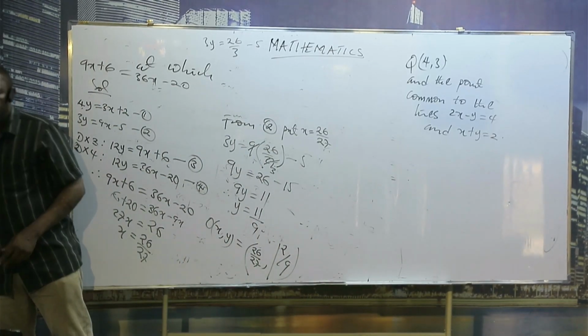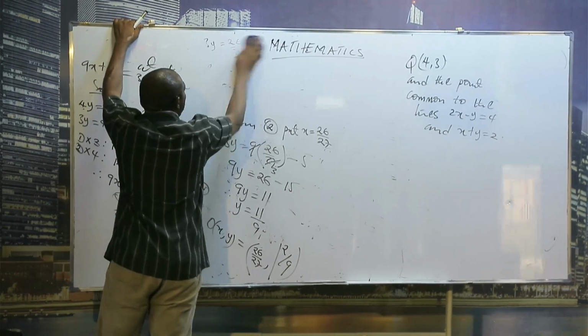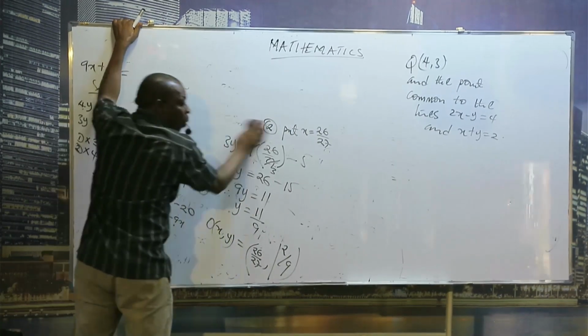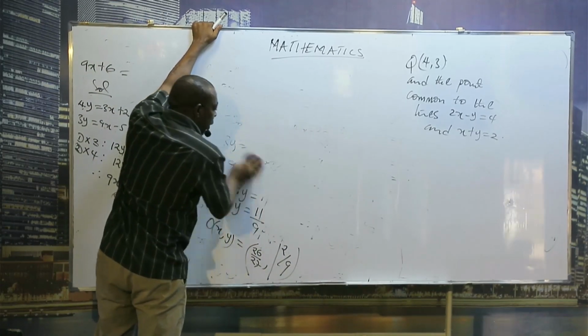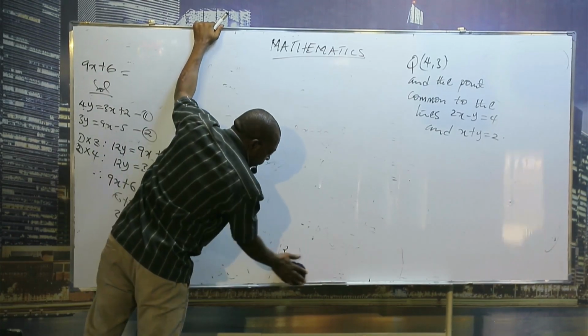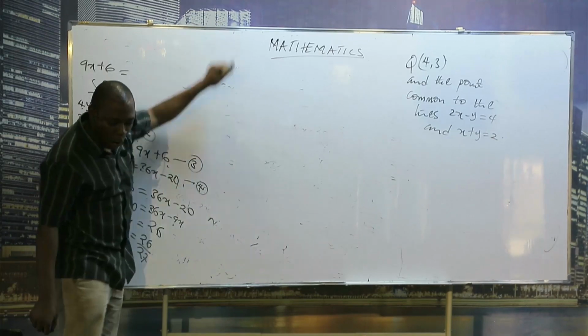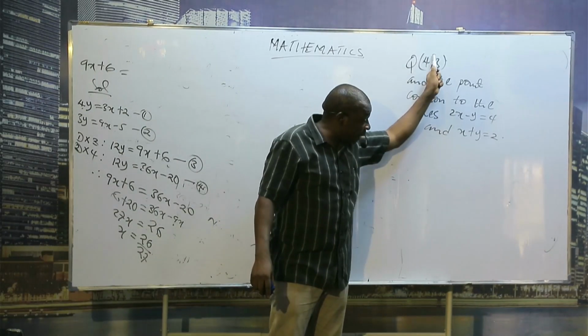Did you hear that? So what did they say? Find the distance between what? For you to find distance, how many points must we have? Two. But how many points do we have here? One point.